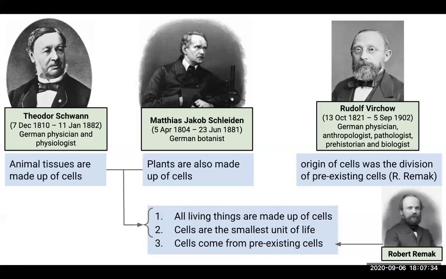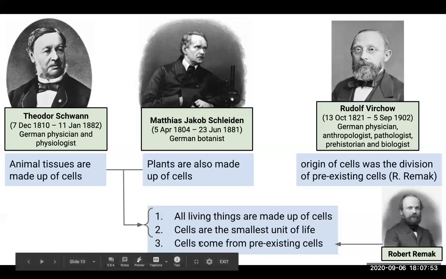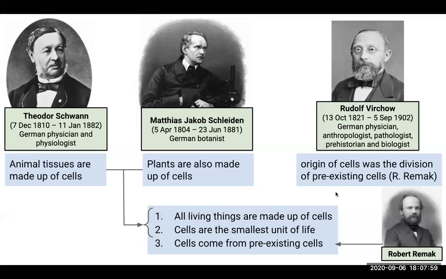There are many proposed theories or hypotheses about where the first cell comes from. However, we don't have time to cover that in this biology course, so I'll leave it up to you. If you're interested, you may go and do some research on your own. And that's it for the cell theory and the first observations of cells.